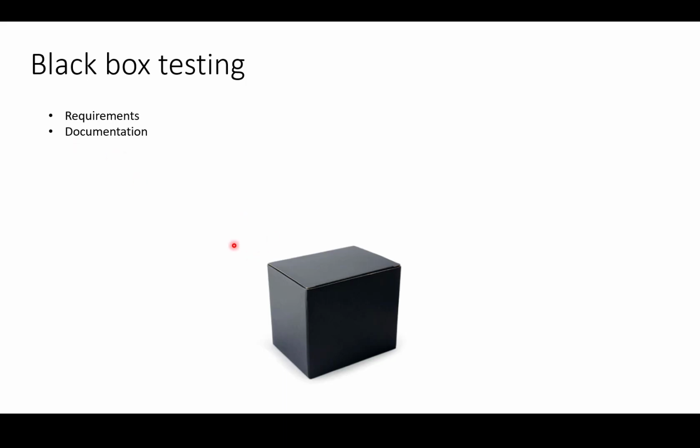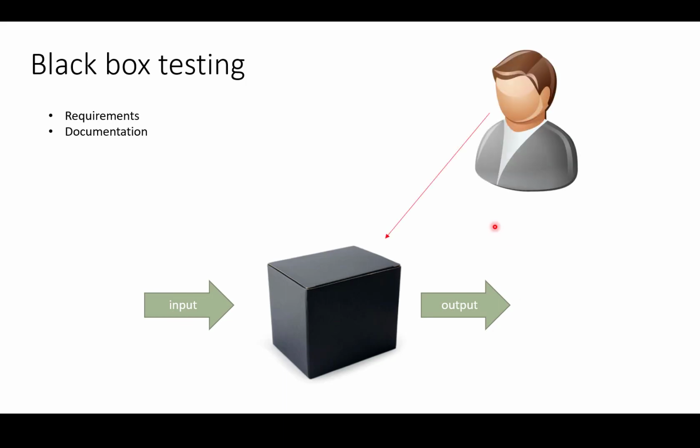Those were also considered documentation, and that could be used to structure your testing approach. So black box is just you give it some input, you expect some output, and we do it from a user point of view. Meaning that you as a programmer can also do it, but you do it with focus on these here.